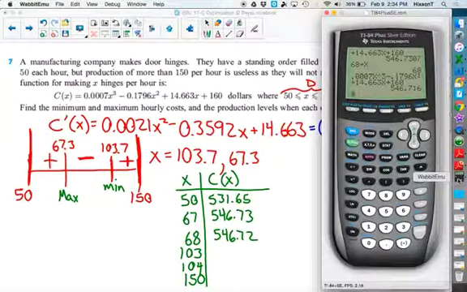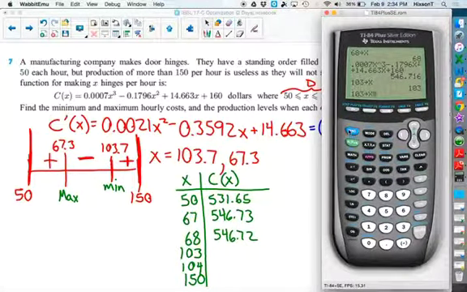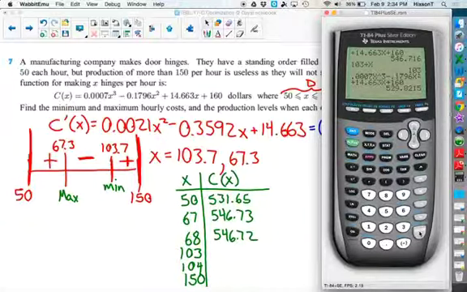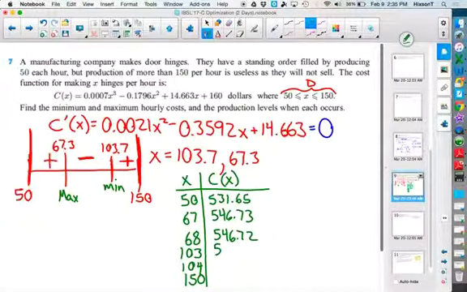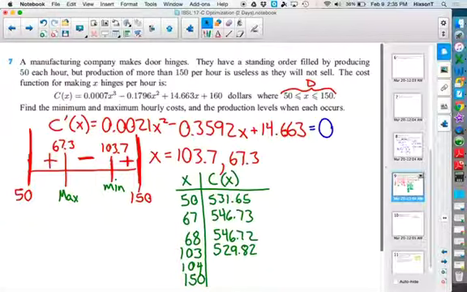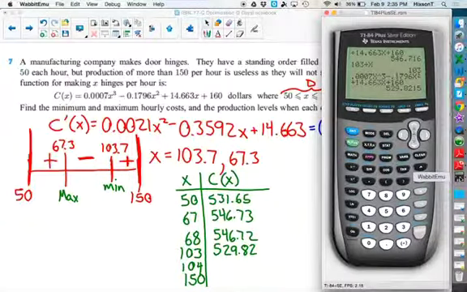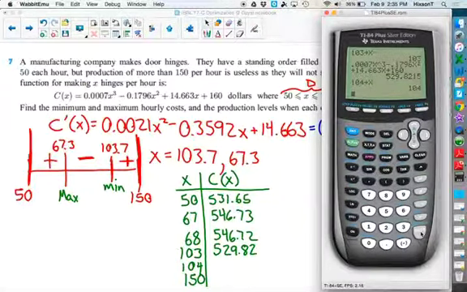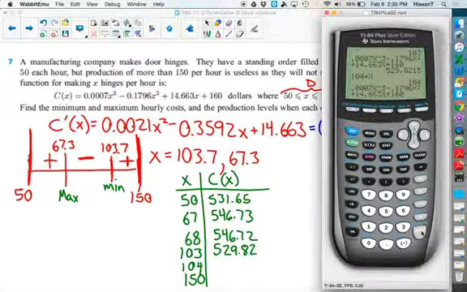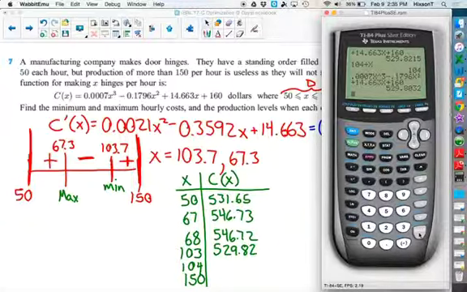Then 103, same thing: $529.82. And then same thing for 104: $529.80.